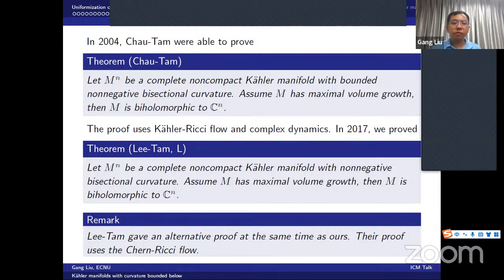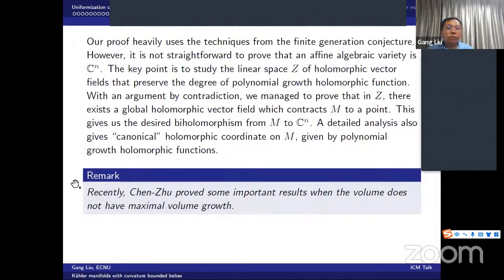In 2017, we proved that, basically, we remove the boundedness of curvature. A remark is that Lee and Tam gave an alternative proof at the same time as ours. Their proof uses the Chern-Ricci flow. Another remark: our proof uses the techniques from the finite generation. However, it is not straightforward to prove that an affine algebraic variety is C^n.